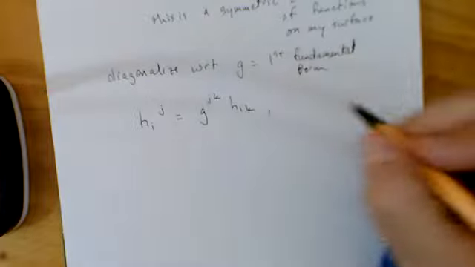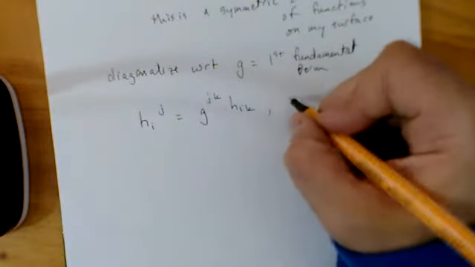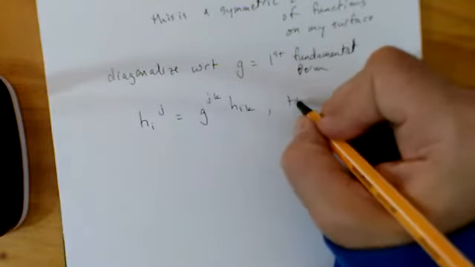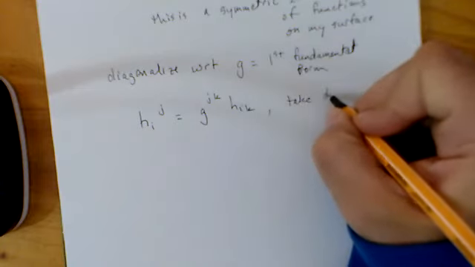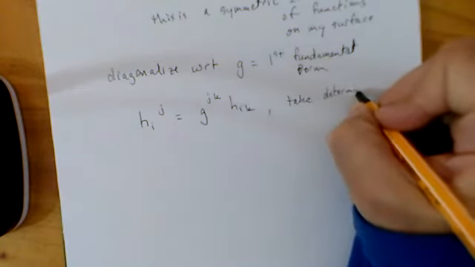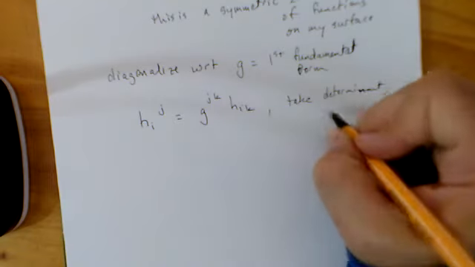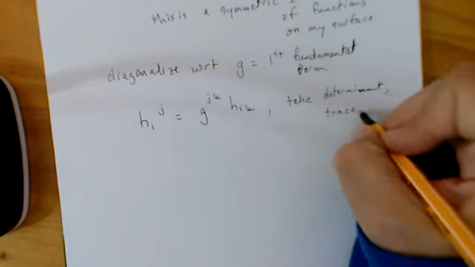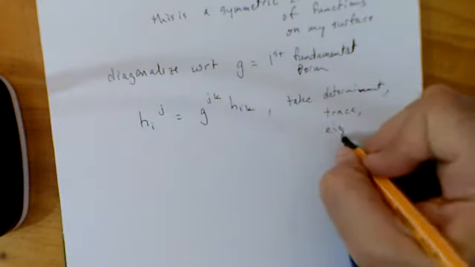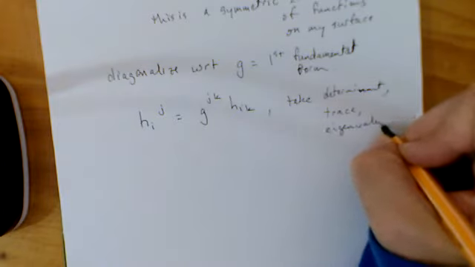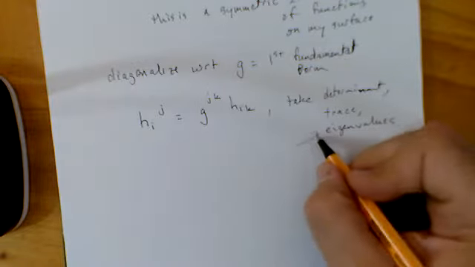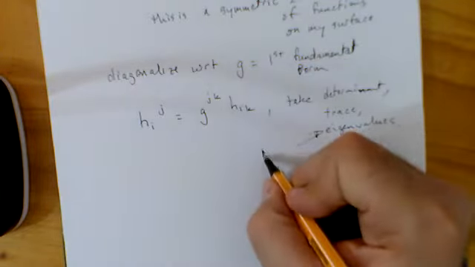And then I can take the determinant and trace, and even the eigenvalues. So these eigenvalues will be the principal curvatures.